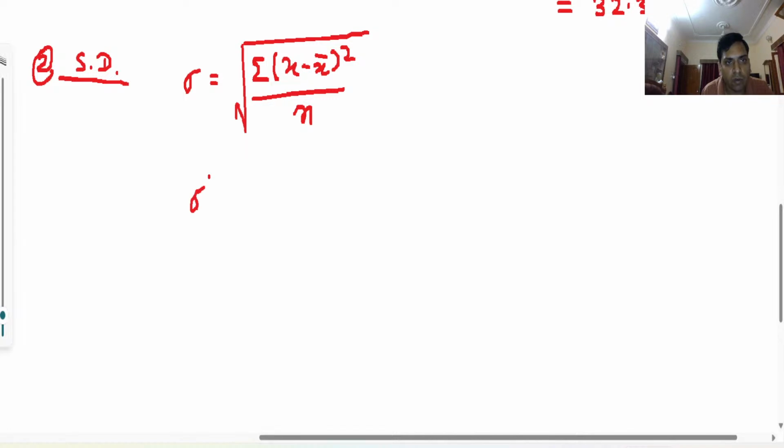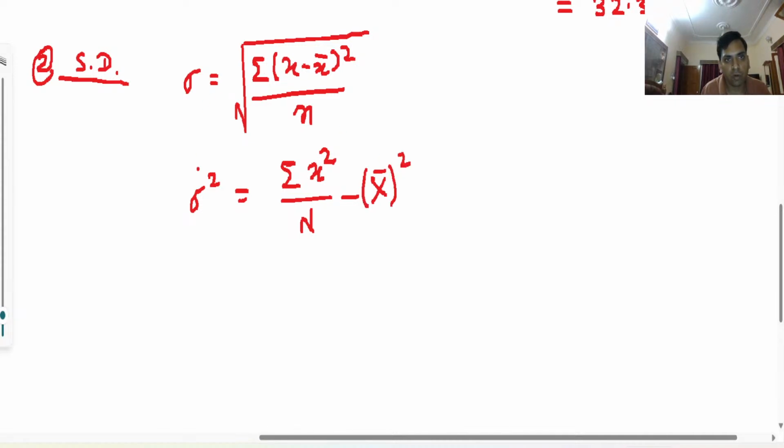And one another form of this formula is summation of x square divided by number of observations minus x bar square.